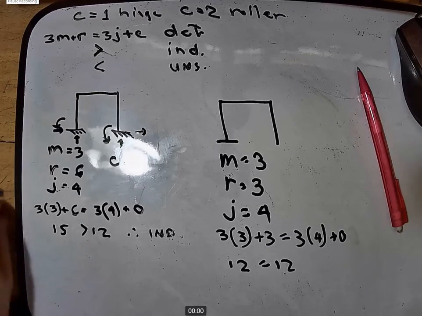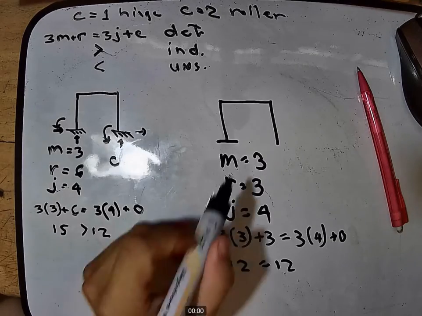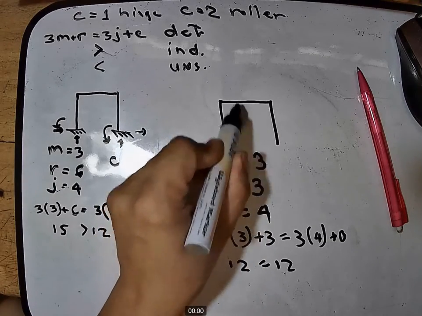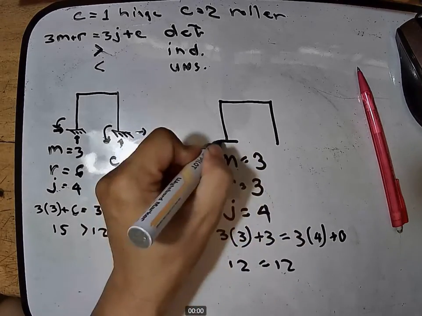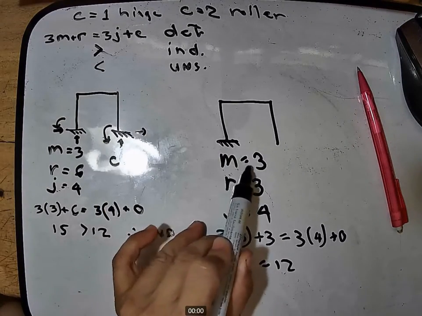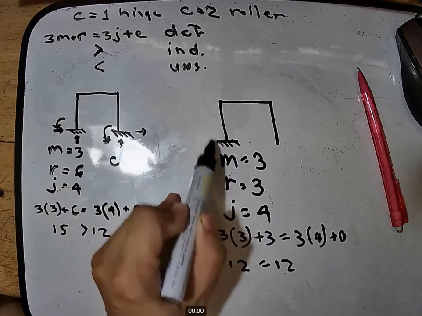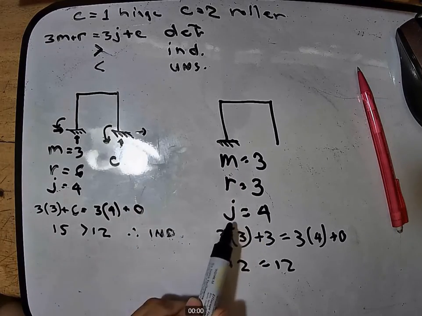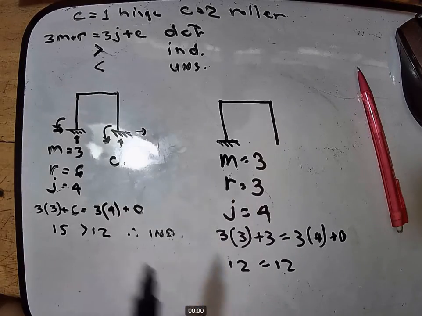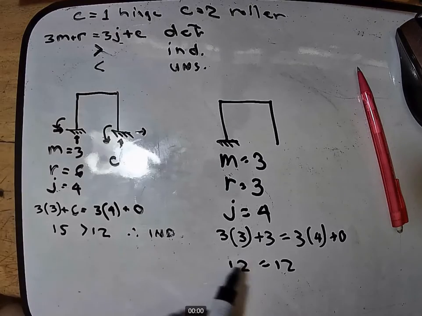Now let's look at this case, for example. We have a beam and a column, but only one support. So obviously we have here 3 members. Support is 3, vertical, horizontal, and moment. And then joints, you have 4 joints, 1, 2, 3, 4. So using this equation again, 3m plus r is equal to 3j plus c.